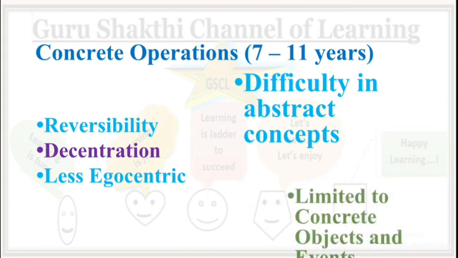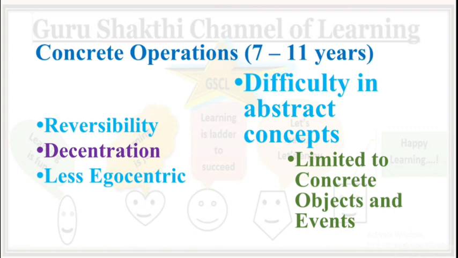Showing them real fruits or models of it creates more impact than verbal words. Hence, their understanding depends on concrete objects. They have to see the real or the model in order to understand.